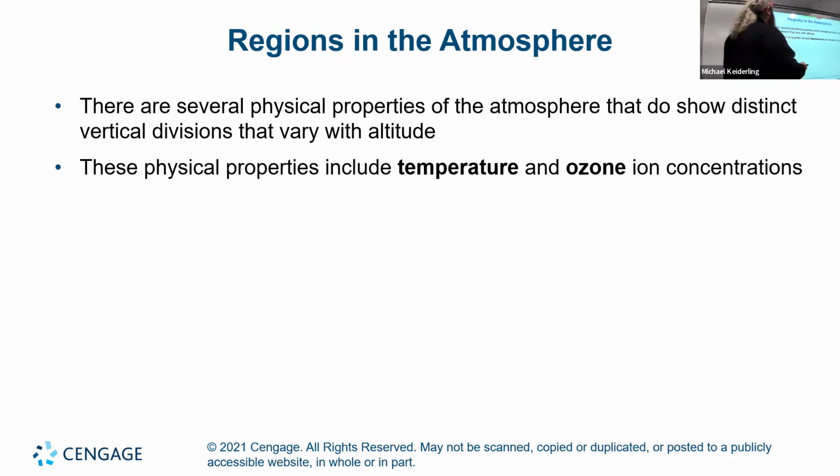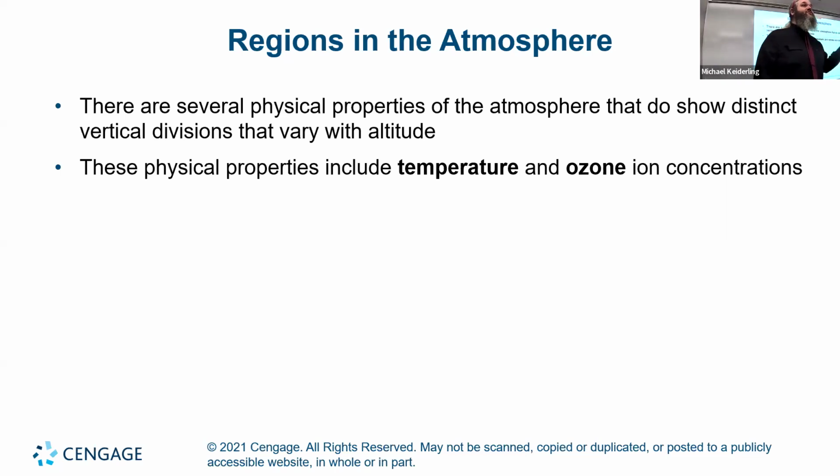So there are several regions in the atmosphere. Various physical properties of the atmosphere do show distinct vertical divisions that vary with altitude. Density or pressure doesn't; it just gradually reduces until you hit space. But some of the things that do change are things like temperature.